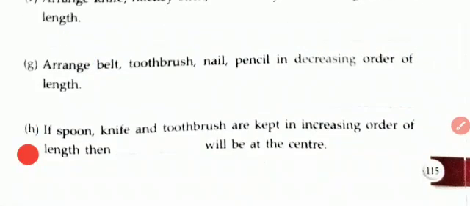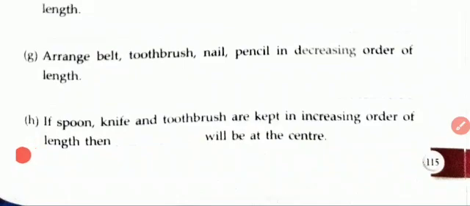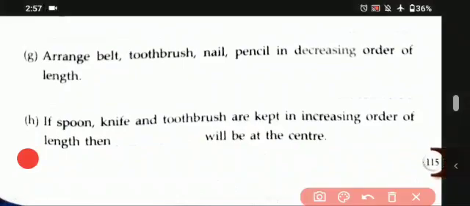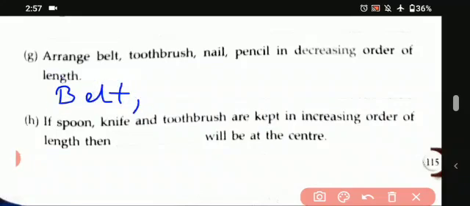So let's do another one. Arrange belt, toothbrush, nail, pencil in decreasing order. Now we have to write it down in decreasing order, so whichever is the smallest one, we have to write it down last. Let's start with it. The first one is the belt. Okay students, the next one is the toothbrush.